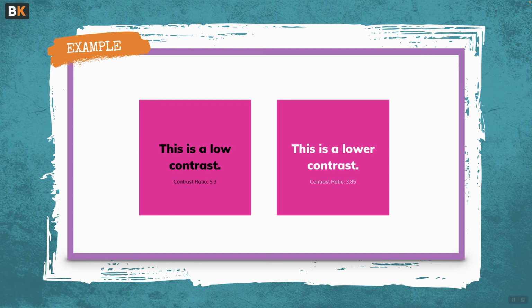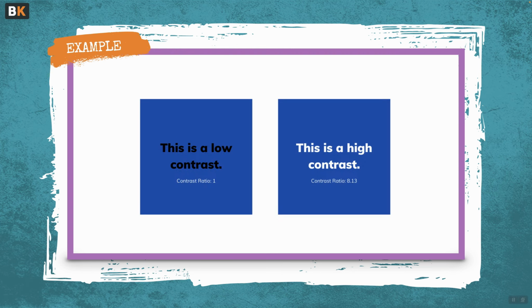So just because it seems easy for you to read doesn't necessarily mean it's actually easy for everyone to read. Okay, here's another one with a blue background. On the left side, we've got this black text, and that is a contrast ratio of 1. Very difficult to read for someone who is visually impaired.